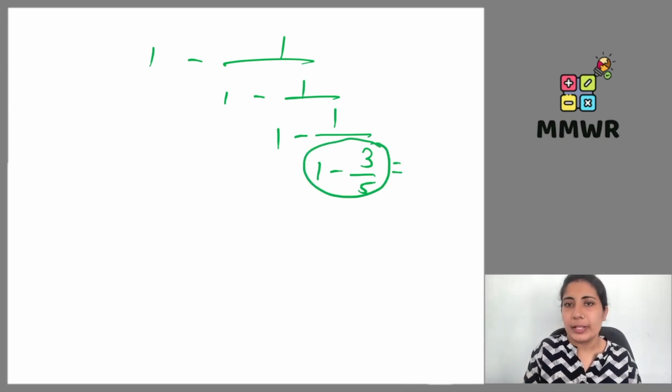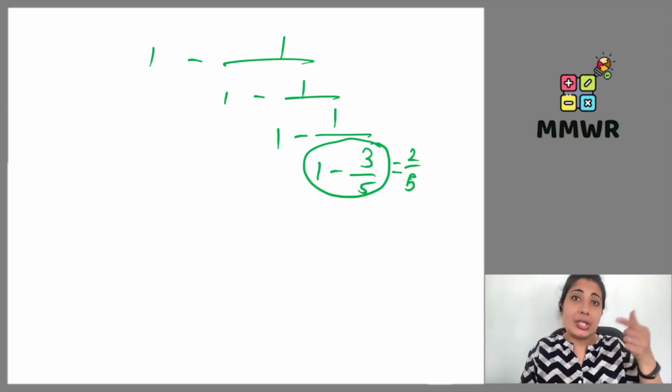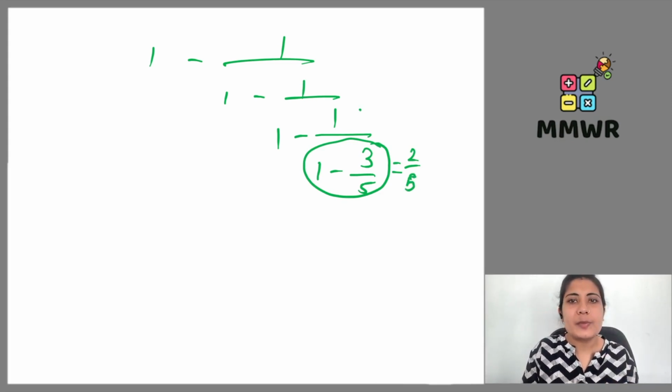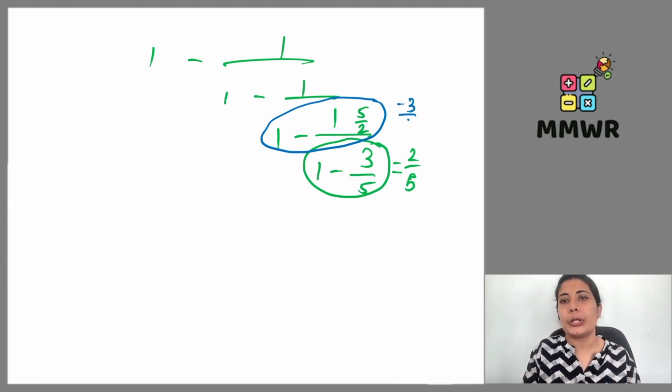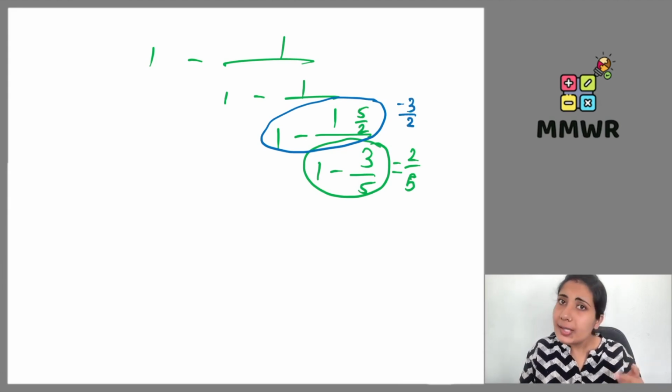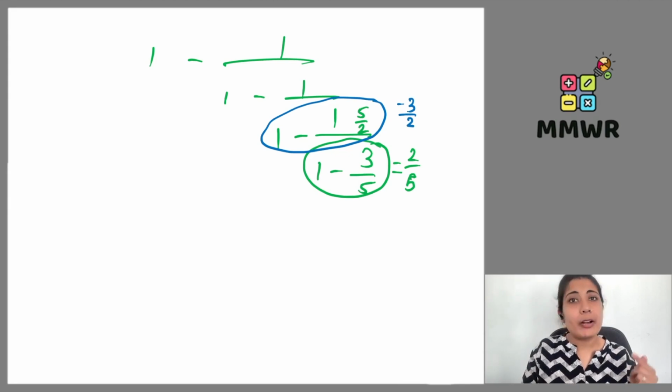1 minus 3 upon 5 gives me 5 minus 3, 2 upon 5, which is in the denominator of 1. So this becomes 5 upon 2, right? Now our focus will be on 1 minus 5 upon 2. So 1 minus 5 upon 2 gives me 2 minus 5, which is minus 3 upon 2, right? Which is again coming into the denominator of 1.